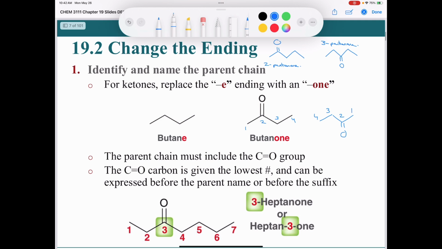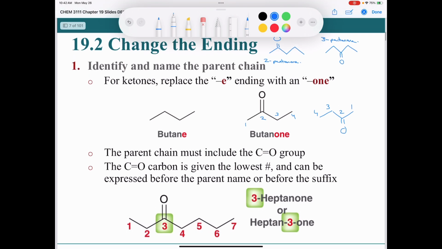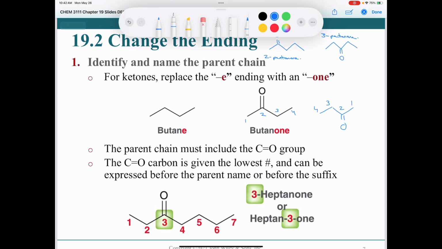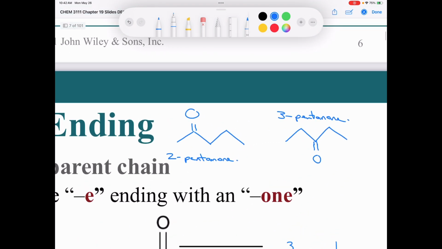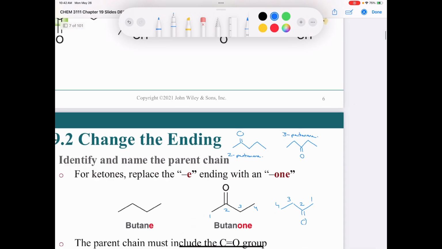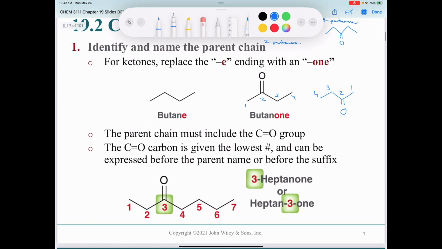All right, now something else that's interesting about naming ketones is that the locant for the carbonyl can come either before the parent or it can come before the suffix. Either one is totally fine. So with both of these compounds, I could have called them 2-pentanone and 3-pentanone, or I could call them pentan-2-one or pentan-3-one, and you see that exemplified down here with this compound.